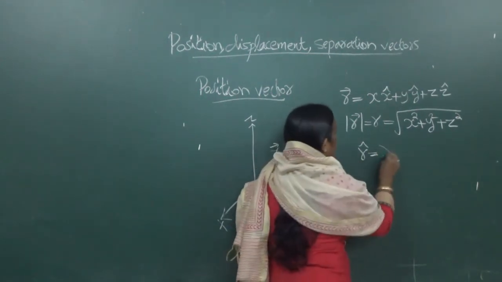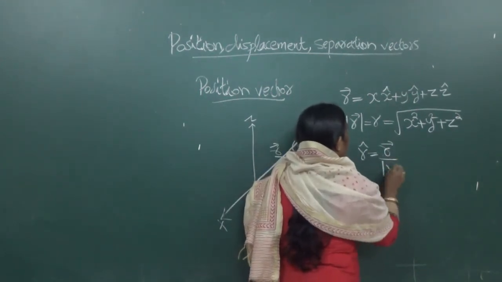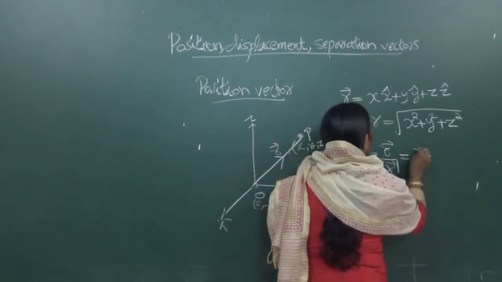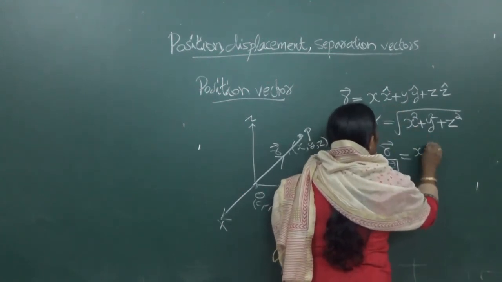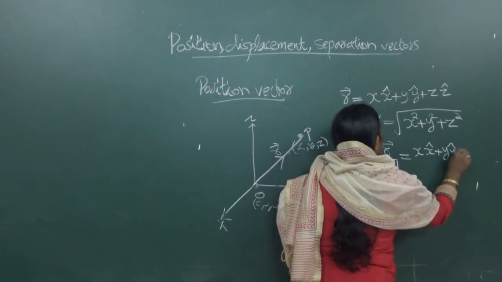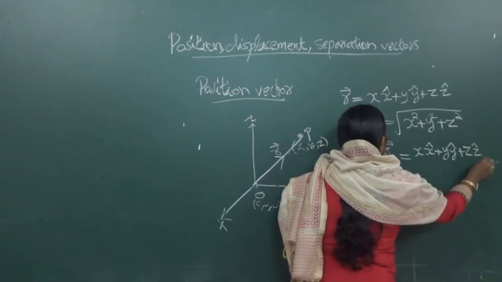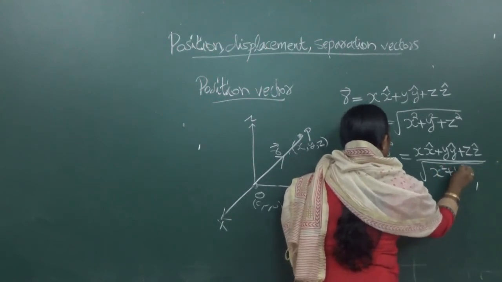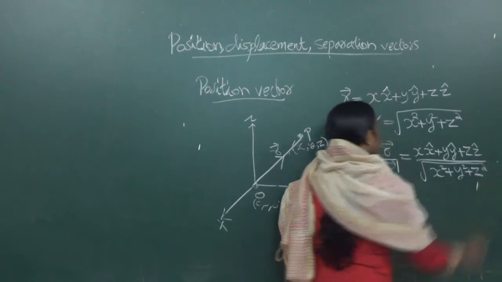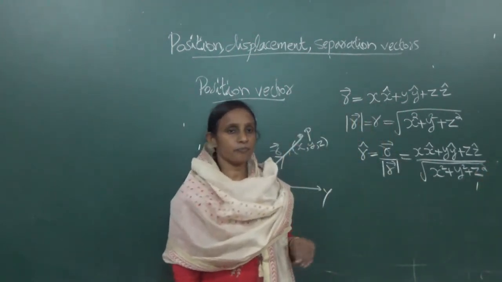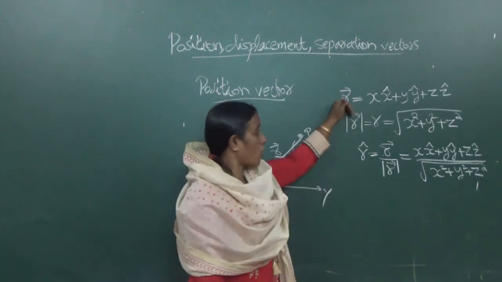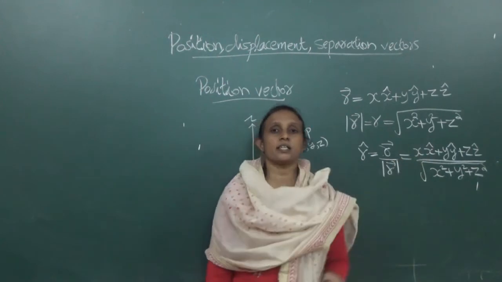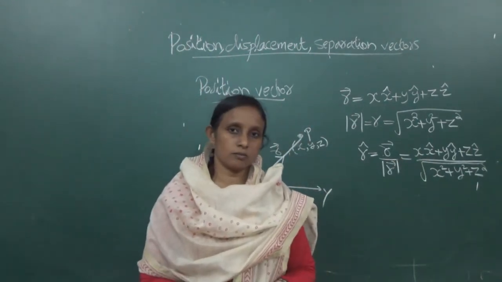This R cap is equal to vector R divided by the modulus of vector R. We get the vector from here: x x-cap plus y y-cap plus z z-cap, divided by the root of x square plus y square plus z square. This is the magnitude or modulus of the position vector. This is the unit vector along the position vector R.